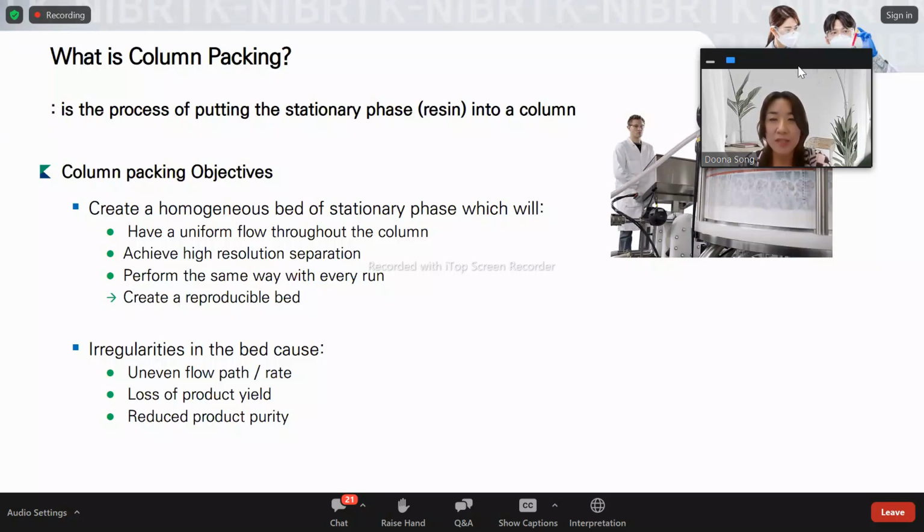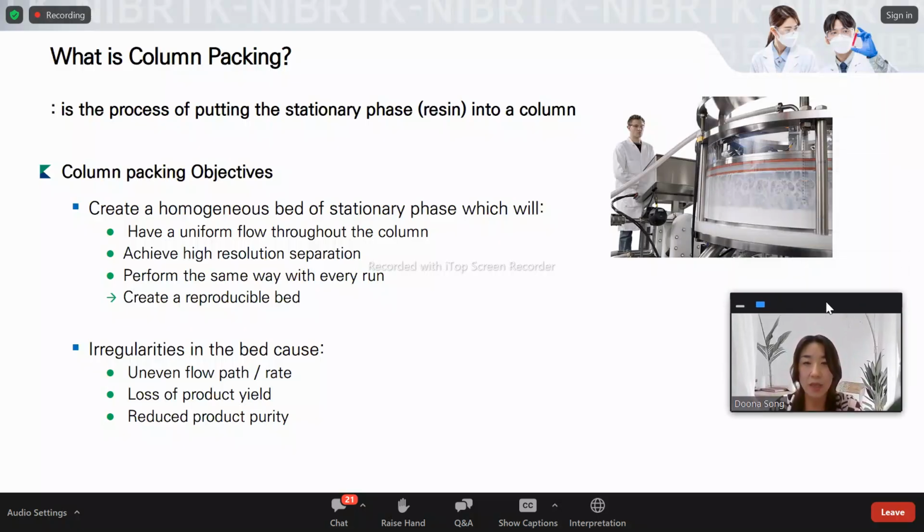In this picture, the part that looks like milk is the resin slurry. Column packing involves filling the column with this resin slurry. The objective of column packing is to create a homogeneous bed of the resin.